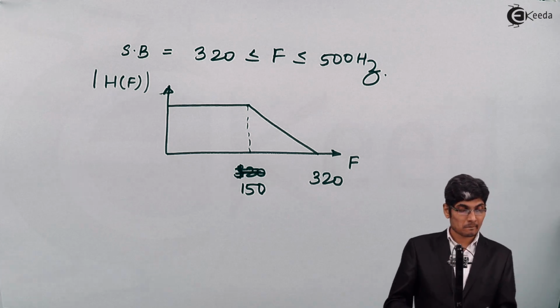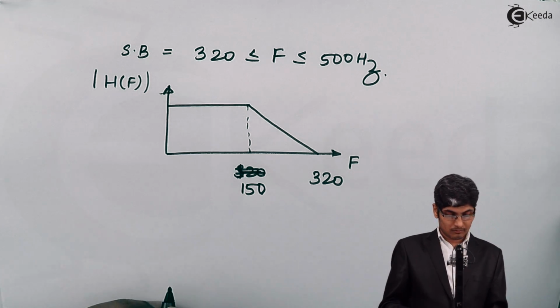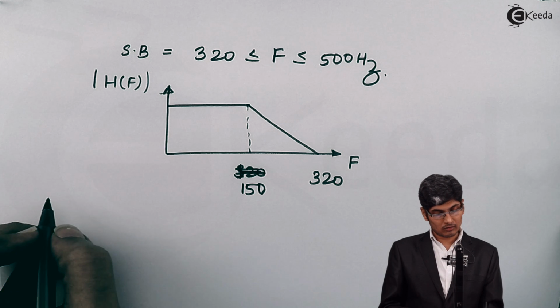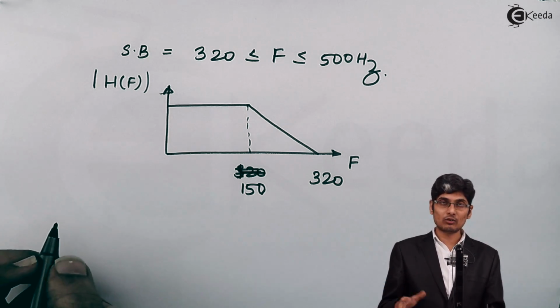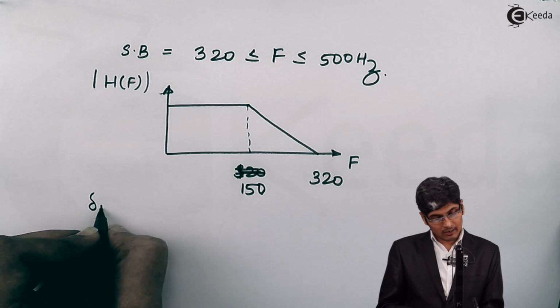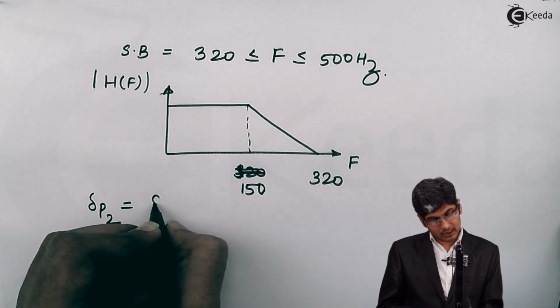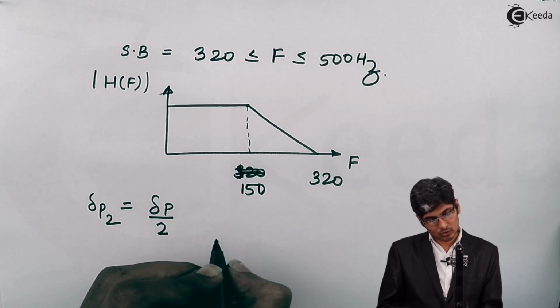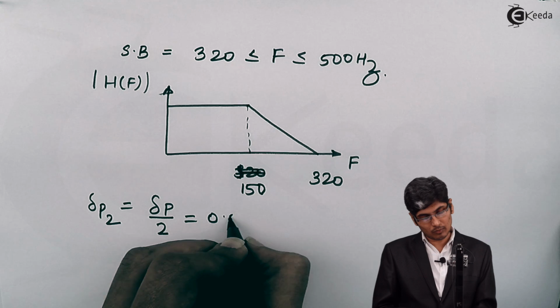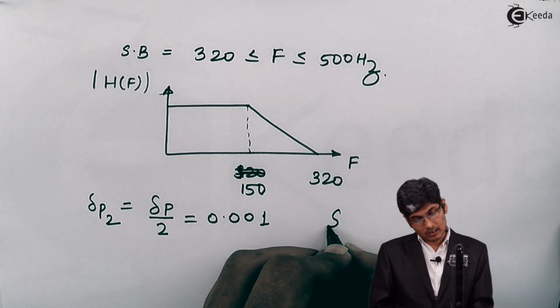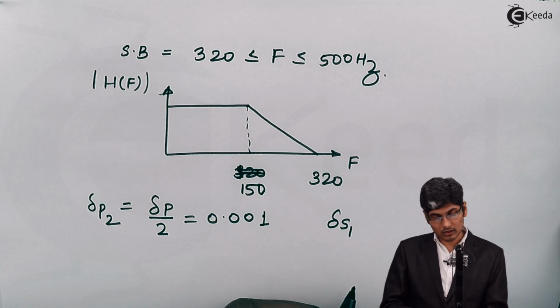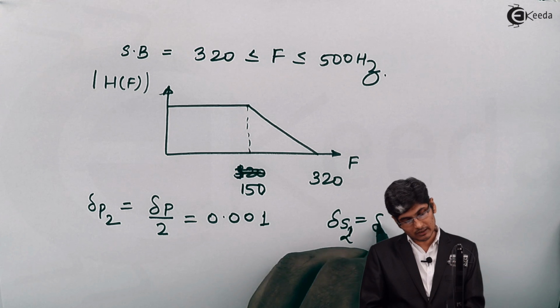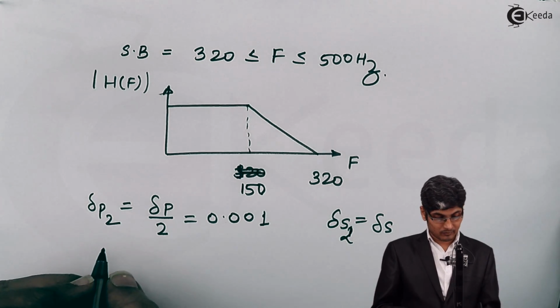Then, because we have delta P and delta S, we can go for the order of the filter. Now I will calculate delta P2, which is delta P upon 2 because the stages are 2. So it is 0.001. Delta S2 will be the same as delta S.